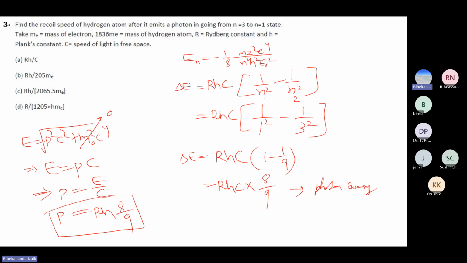If v be the recoil speed of the atom, then we know momentum is m into v, where m is the mass of hydrogen atom and v is the recoil speed. So this momentum will be equal to the momentum of the emitted photon.